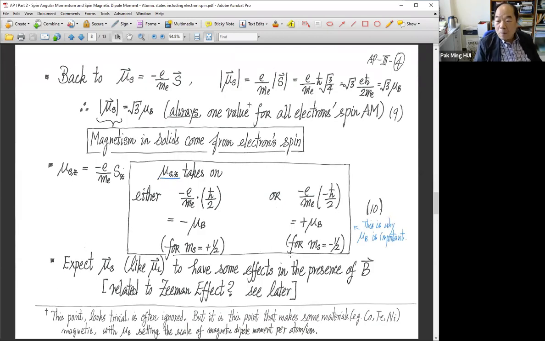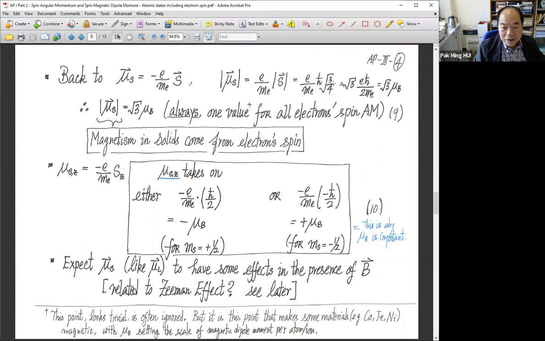Now, let's go back to the discussion of the spin magnetic dipole moment. We have this relationship. Let's work out some property of this spin magnetic dipole moment. We just learned how long the magnitude of this vector, spin of an electron, is. It is boring, this.